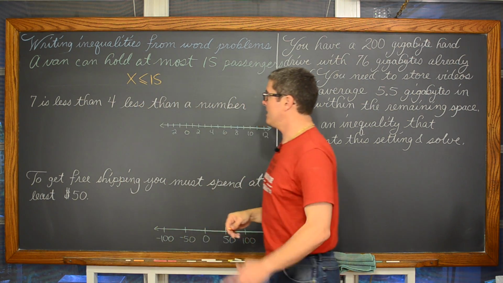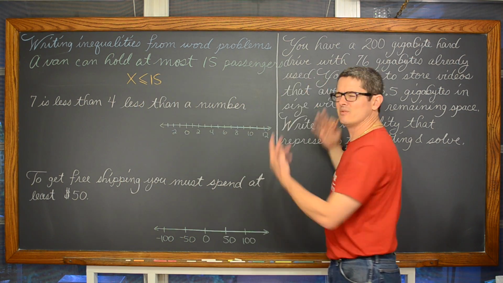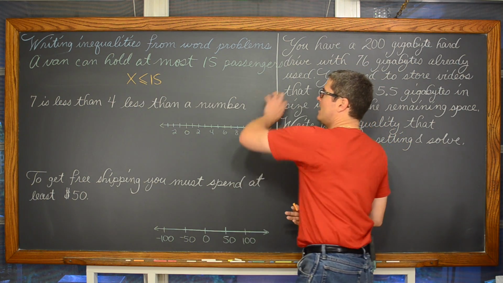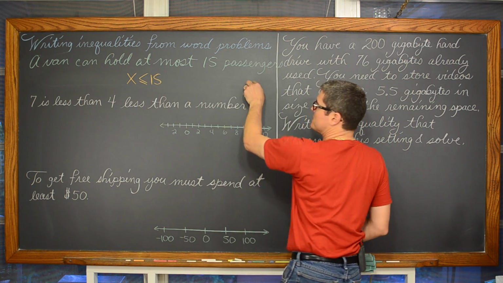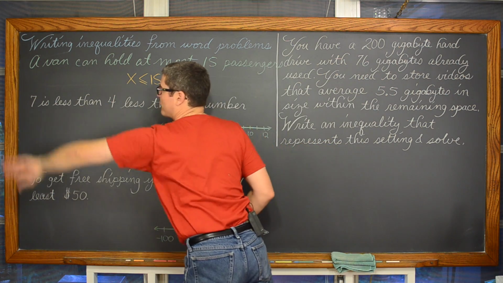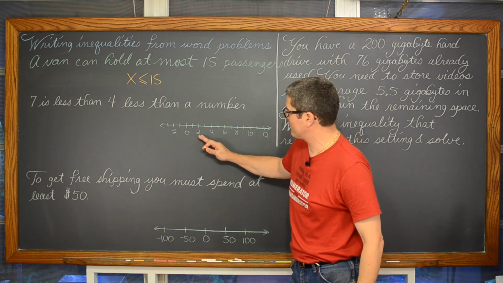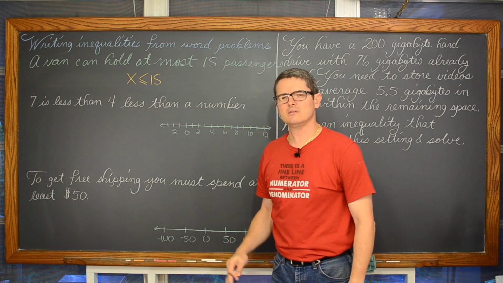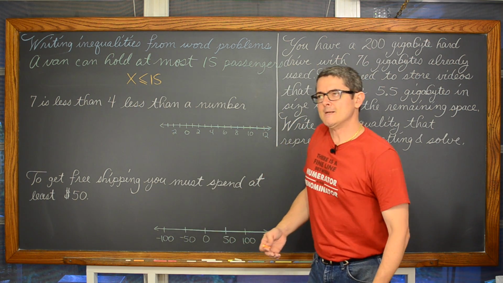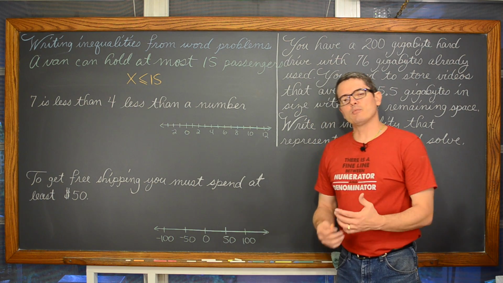And why did I erase my number line? That shading started at 15 with that solid dot and went to the left forever. Let's just look at here. If I start at 15 and I shade to the left forever, then I start including some negative numbers. Can you have a negative number of people on a bus?